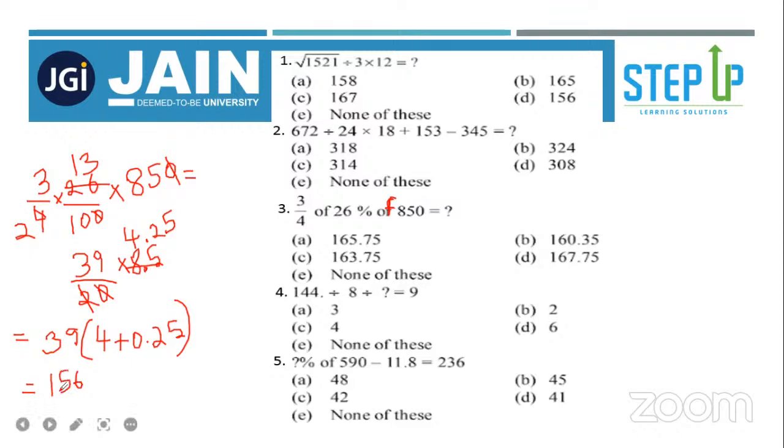Check whether it's correct. Plus 39 times 0.25. 0.25 can be written as 1 by 4. 1 by 4 is nothing but 0.25. Now I strike out this, I do it over here, so it is 9.75.